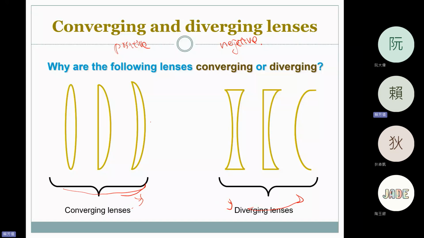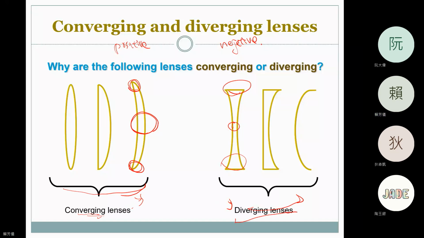One method is to see if the middle is thicker than the outer side, then that should be a convergent lens. And when the outer side is thicker than the middle, that will be a divergent lens.